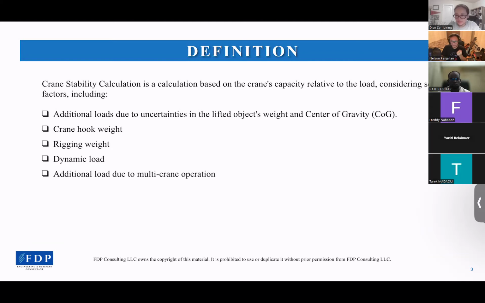If you're interested to learn more about the dynamic, we will open this topic in an advanced class. Right now we will discuss the basics only. And the last one is additional load due to multi-crane operation. This we call skew. Same as the dynamic, there's a factor that we should apply if we are working with a multi-crane arrangement.